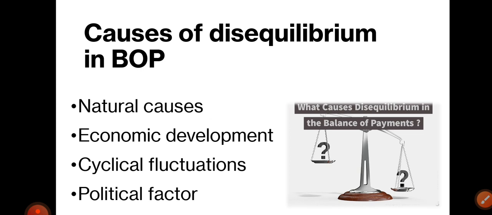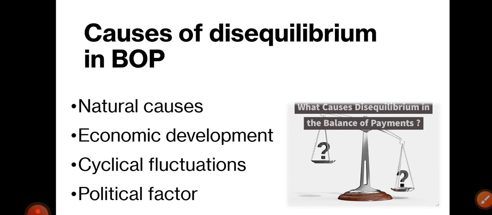Now see, there are various causes of disequilibrium in balance of payment. We don't always have equilibrium in balance of payment, so disequilibrium may occur in the BOP. Let us study the causes of disequilibrium in BOP. First cause is natural cause.